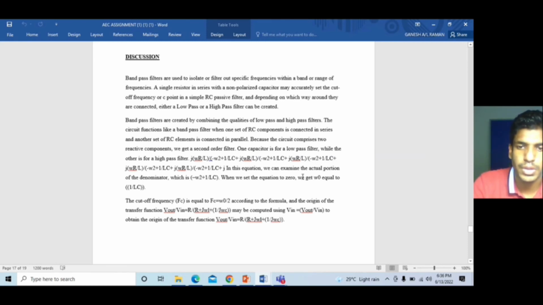So this can be computed by using V out over V in to obtain the origin of the transfer function.